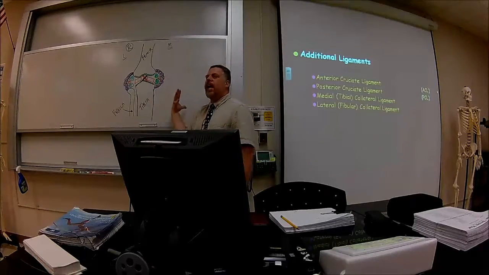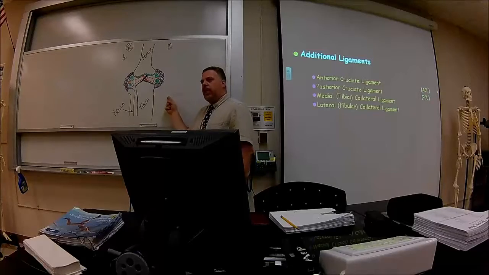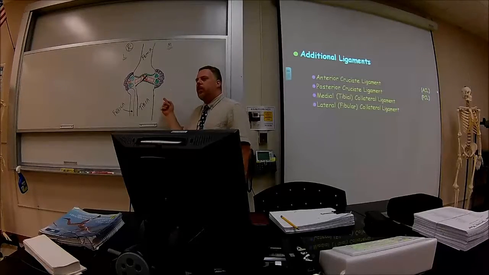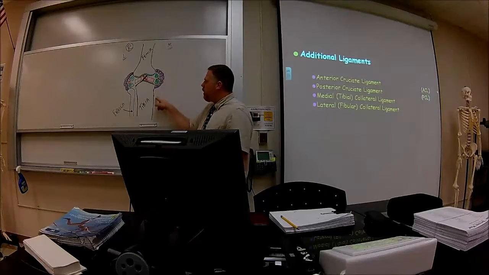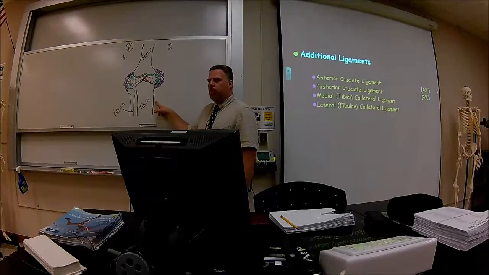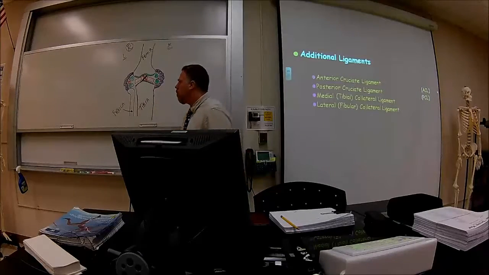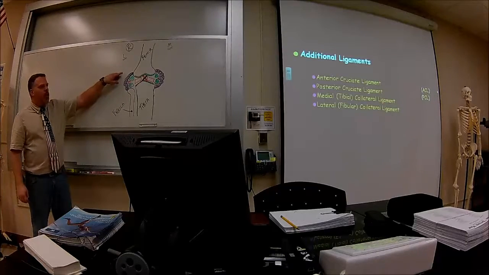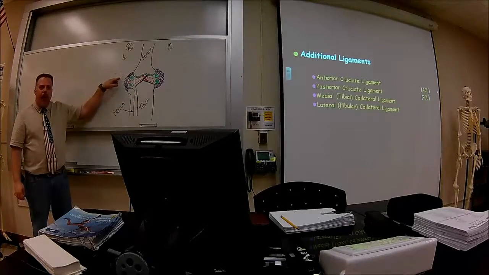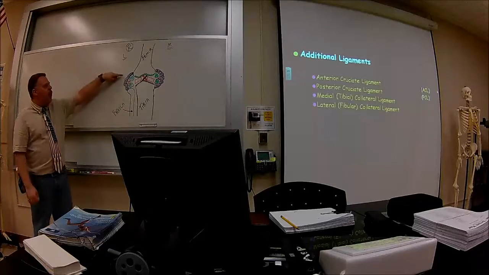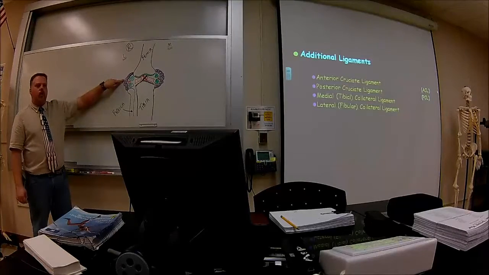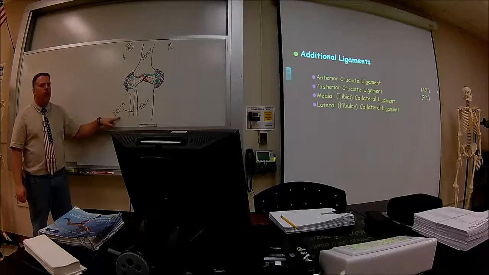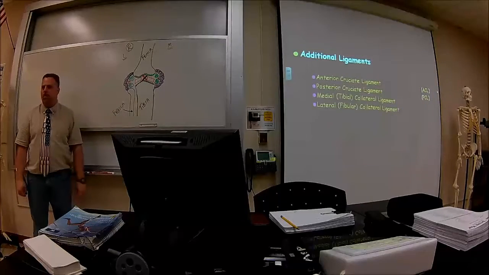It's on the medial aspect. We sometimes call this the tibial collateral ligament because it connects to the tibia. This one over here is called the lateral collateral. I know it sounds weird, but lateral collateral ligament, or also known as the lateral fibular ligament.